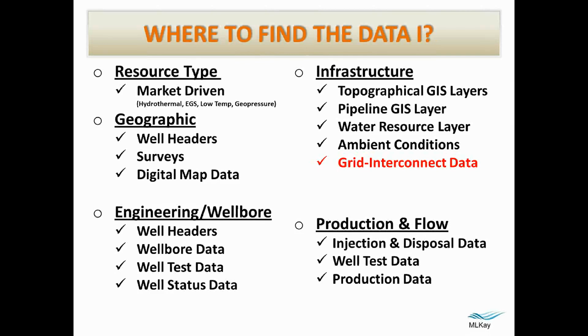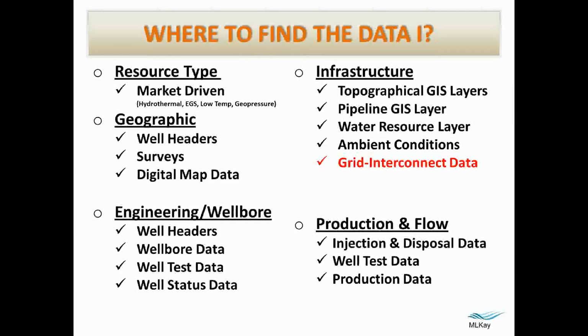But as a developer, it's important to know the current status of that well. So production data is going to be very important to knowing that. From an infrastructure point of view, you may have a wonderful well, but you have no access to electrical lines. You have no access to pipelines. You have no access to basically anything.